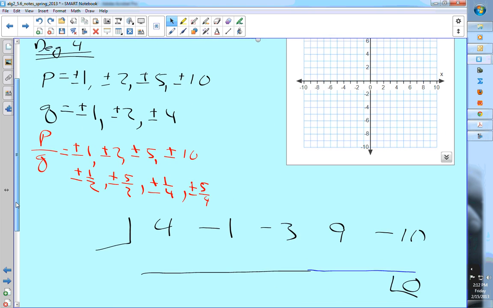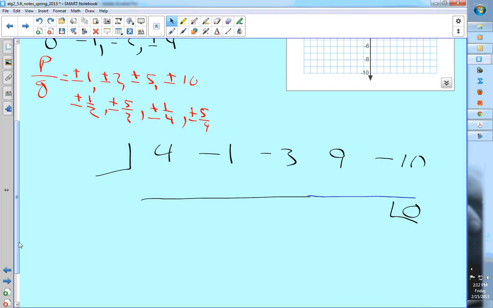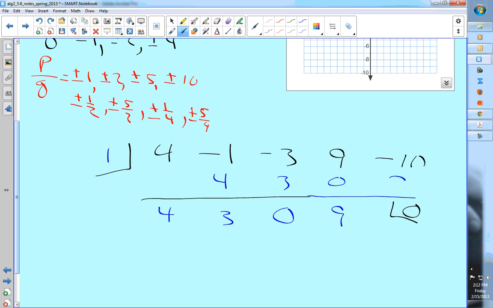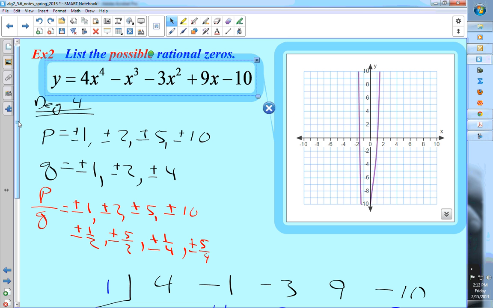4, negative 1, negative 3, 9, and negative 10. Sure looks like it's 1, but it must not be.